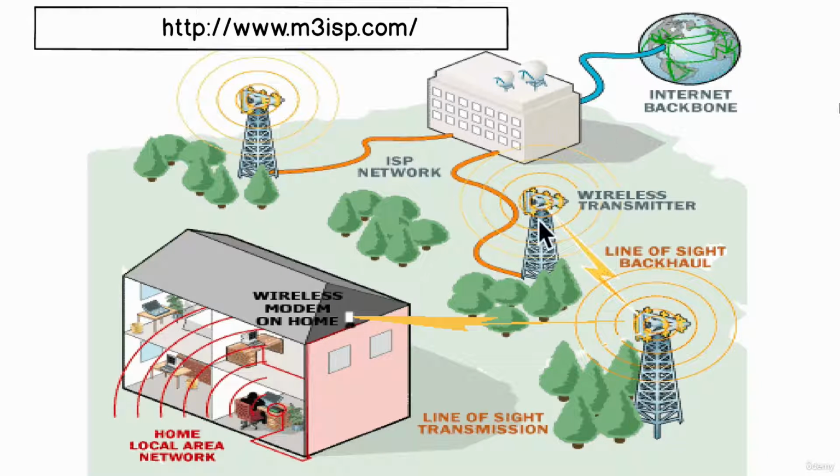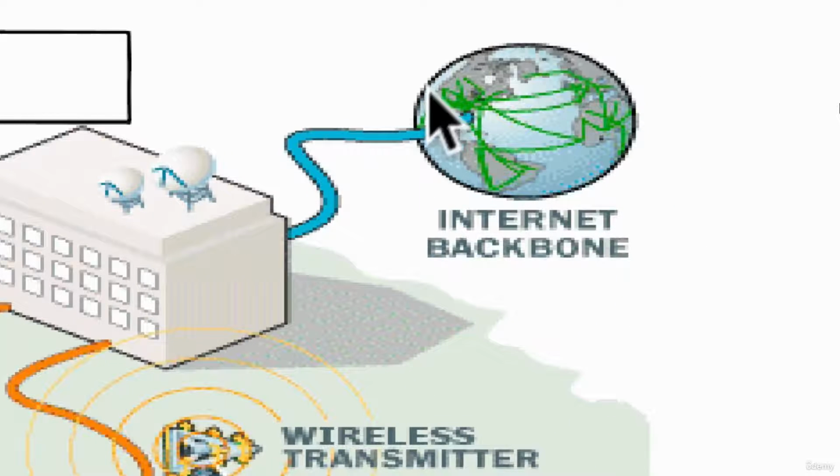Something really important in this image is that there's Wi-Fi, which is over the air, but at the end of the day, everything is connected through cables. So some of you might be wondering, what is this internet backbone thing? Sounds cool.